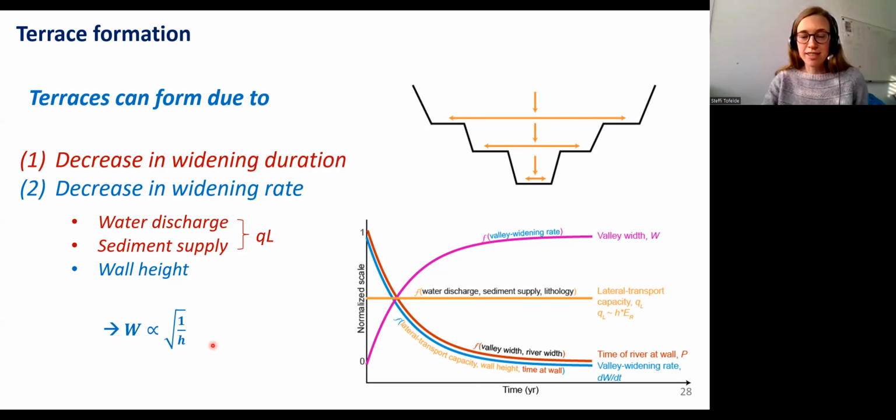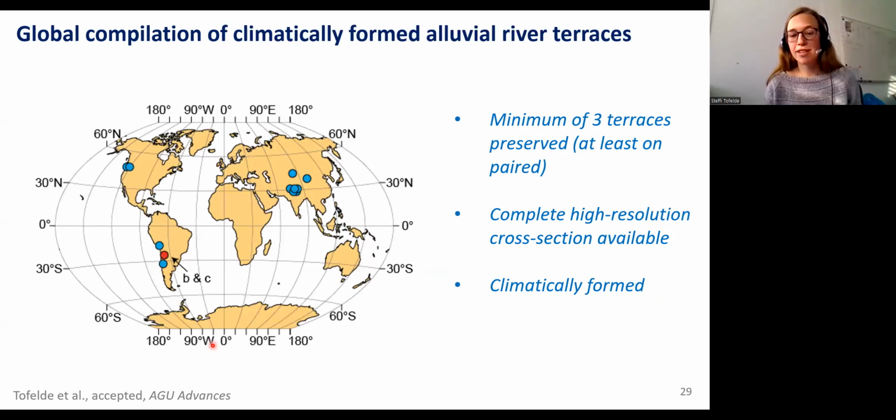In order to test this, we did not only pick this one site. We went through the literature and tried to compile alluvial terrace sequences all around the world that have been associated with Quaternary climate changes. There are of course some requirements that we need to fulfill. First, we only picked terrace sequences that most likely have been climatically formed.